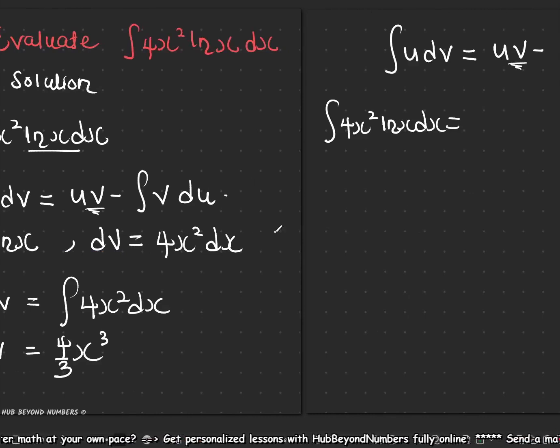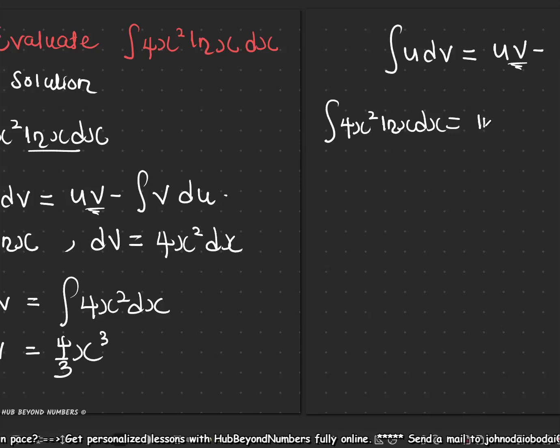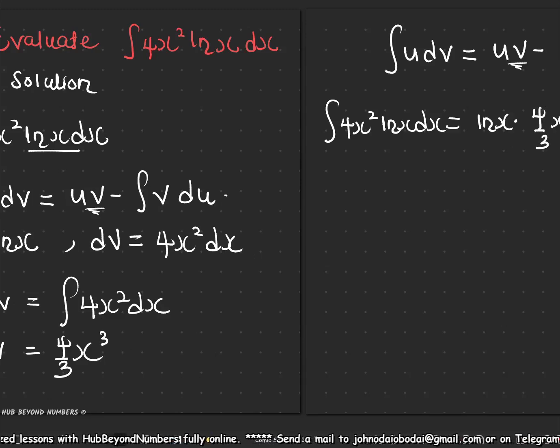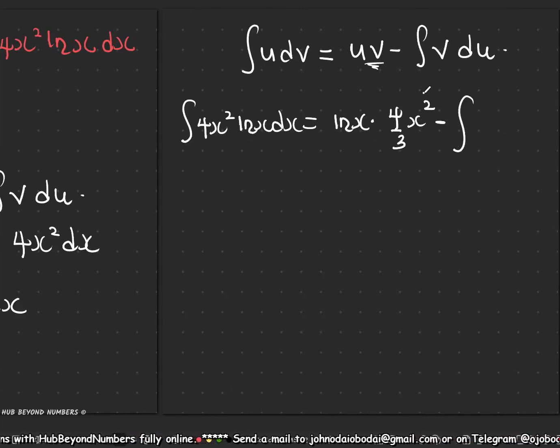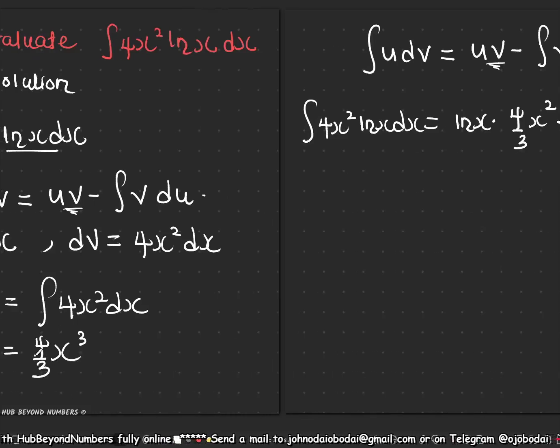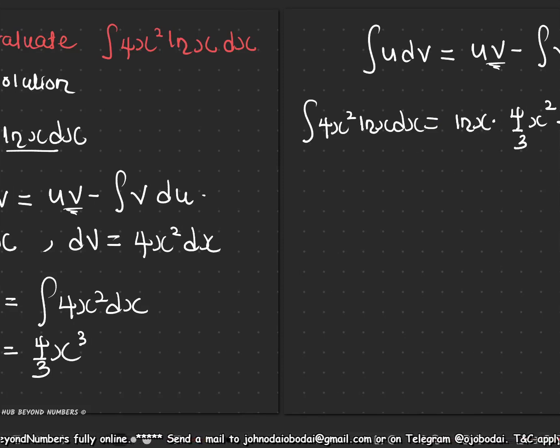So substituting, we have our ln x, times our u, and we've solved our v here to be 4 over 3 x cubed. Then minus the integral of v du, so the integral of 4 over 3 x to the power 3 du.